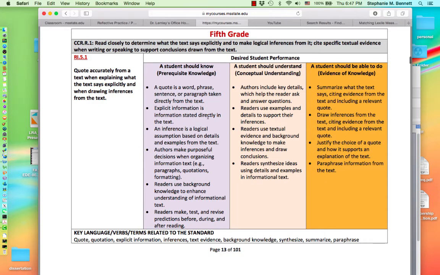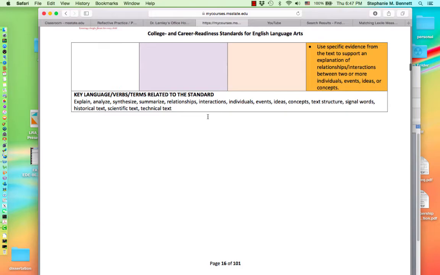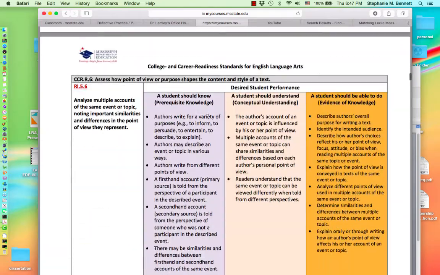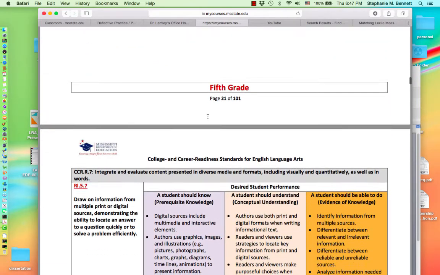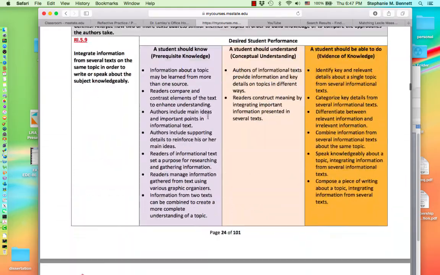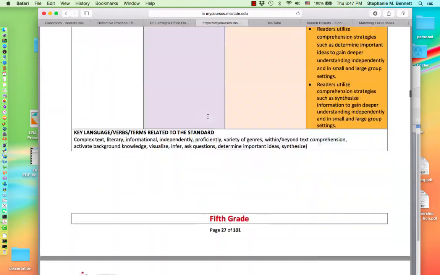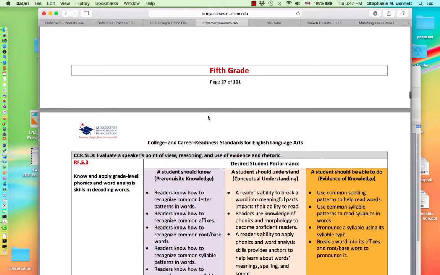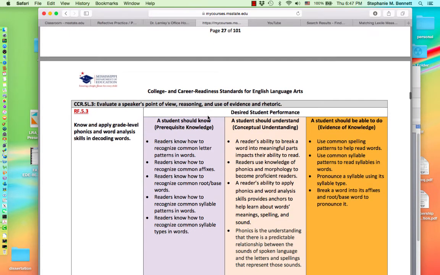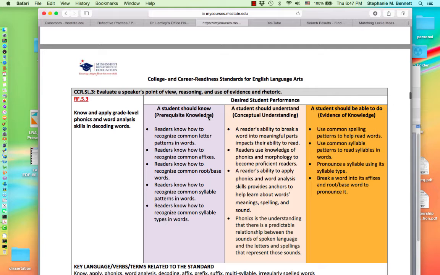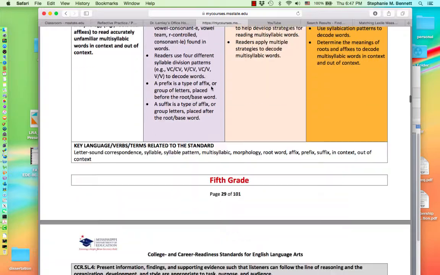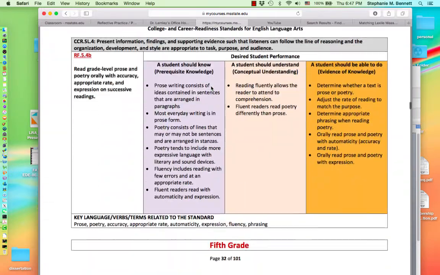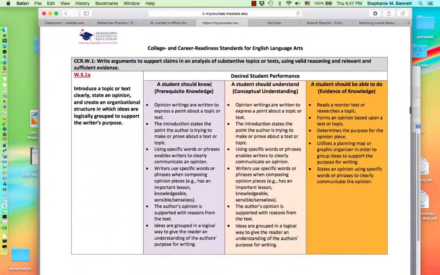So this is the informational text example, and you have your 10 standards here. After the informational text, you have the foundational skills, which is the phonics and the phonemic awareness, the fluency. We're not using the foundational standards in our lessons this semester, so you don't need to become very familiar with those.